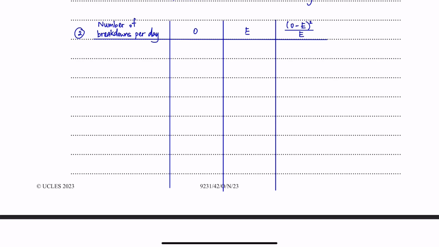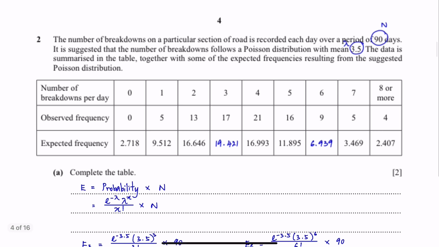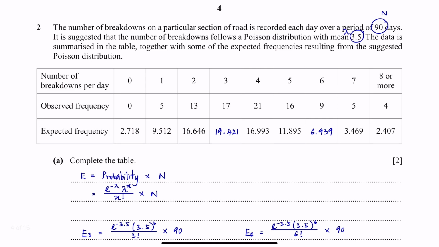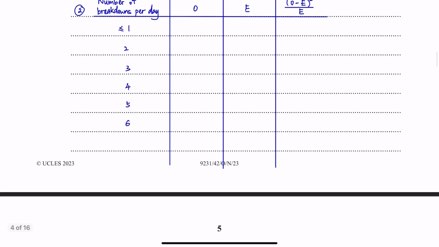Alright, so the first row would be 0 and 1, which we can call less than or equal to 1. Second would be 2, 3, 4, 5, 6, and for the last row, we have 7 and 8 or more. So when they mention 8 or more, we cannot just consider 7 and 8.